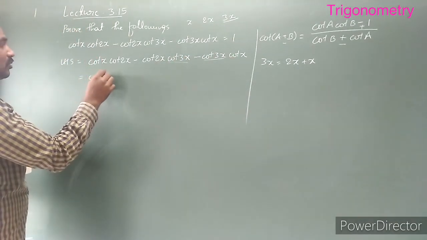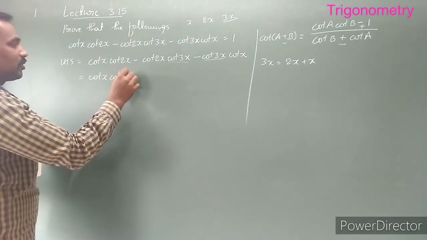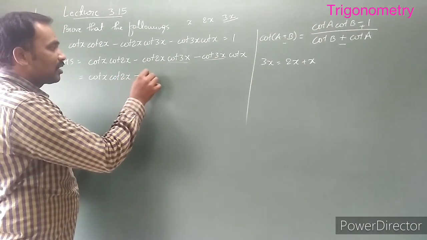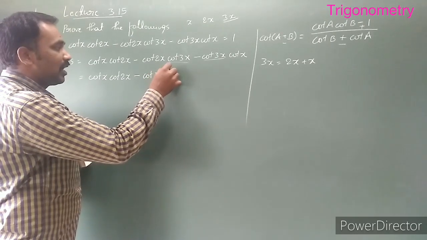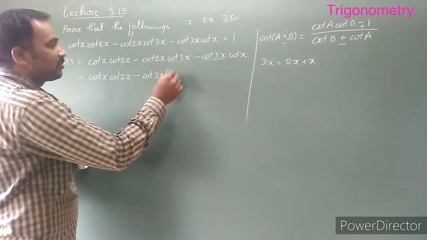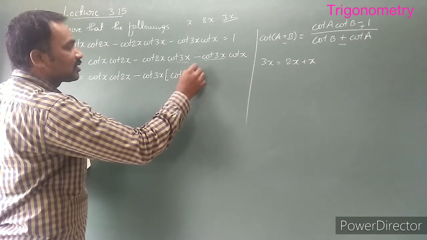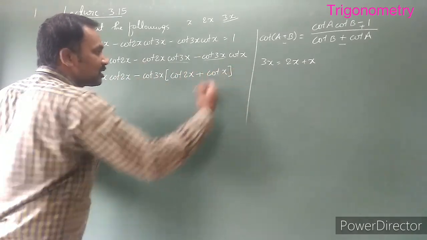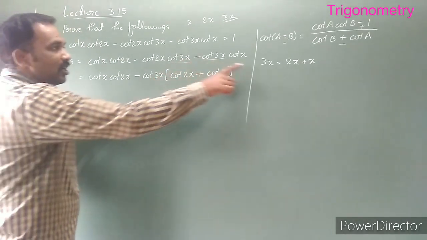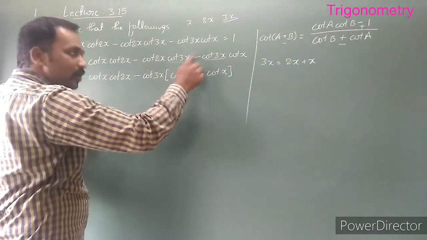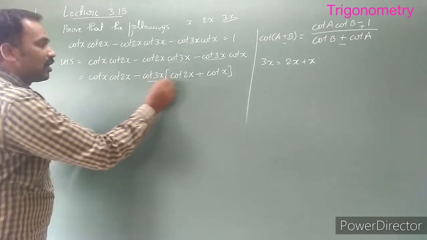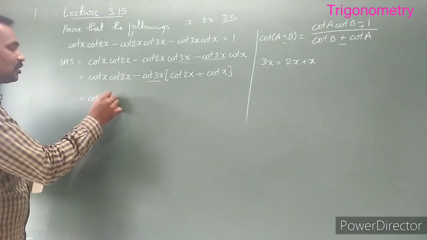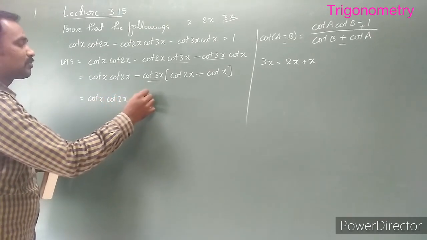If I take minus cot 3x common, what is left? Cot 2x is left, plus cot x. Why is this taken common? Instead of applying the cot of a plus b formula twice, I am applying it only once, replacing cot 3x as cot of 2x plus x.